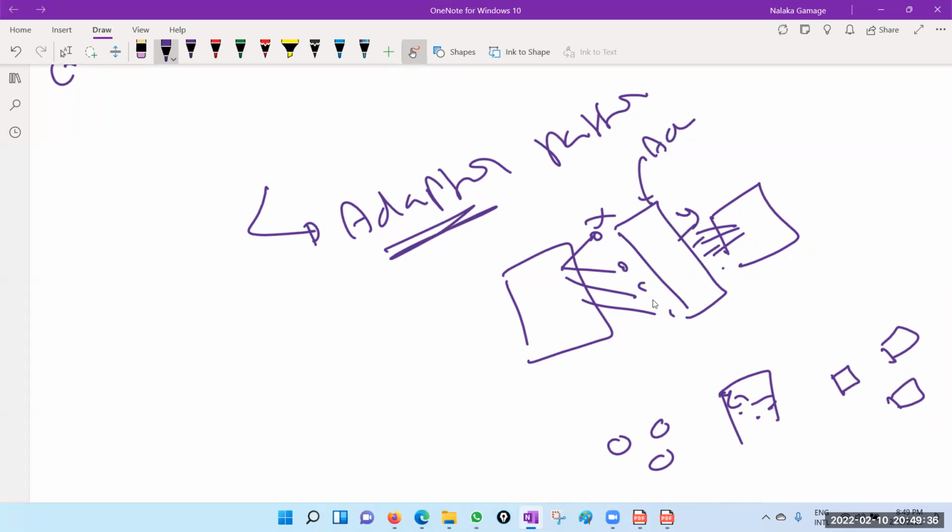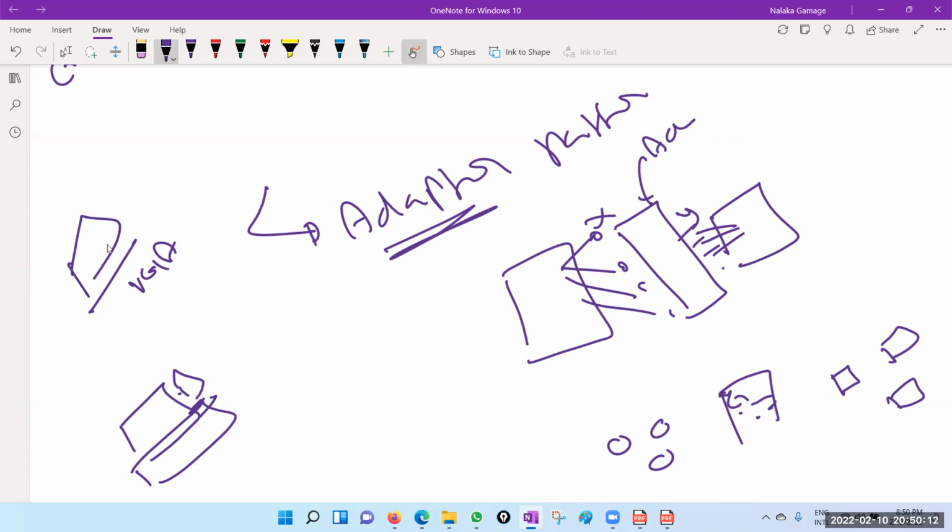For example, in hardware also we do this. Say you have a monitor or maybe a projector. Assume it's an old projector which only takes VGA input. Assume your laptop is a modern one, it doesn't have a VGA output, it has only HDMI output. Now your laptop has HDMI output, but your projector only accepts VGA input. Now you're in trouble, but you don't have to worry.